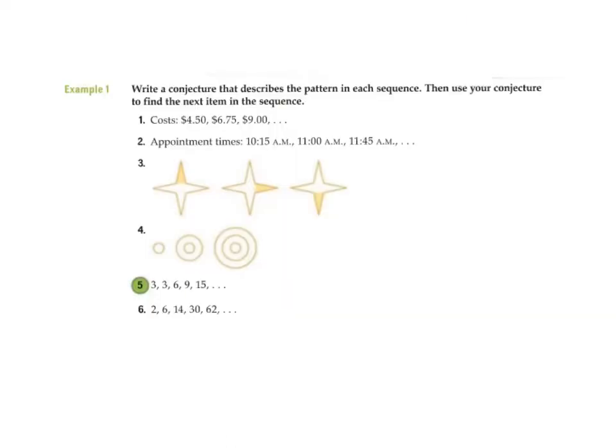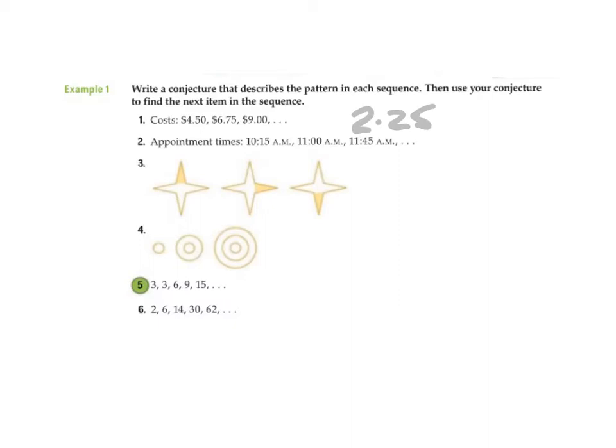Okay, so how do these conjectures work? Well, let's have a look at a couple of these. Let's have a look at number 1. We start off at $4.50, the next one is $6.75, the next one is $9. Whatever the first difference is, it needs to be similar. From $4.50 to $6.75 is $2.25.